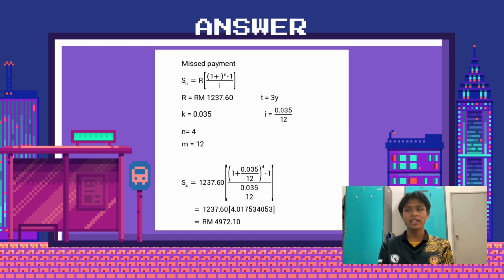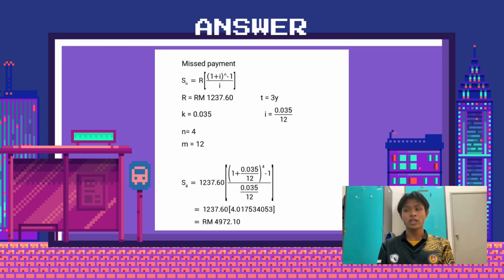After we get the information, we fill it in the formula, which is S4 equals 1,237.60 times [(1 plus 0.035 over 12) to the power of 4 minus 1] over 0.035 over 12.